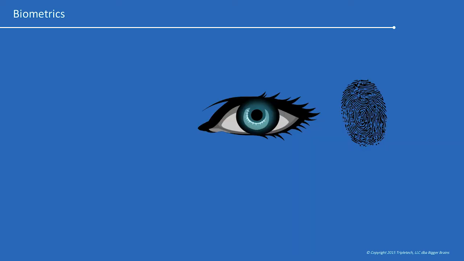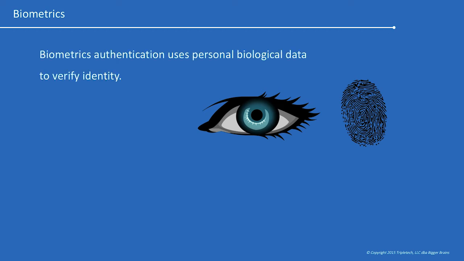Now, biometrics is a growing area. Biometric authentication uses your personal biological data to verify identity. So this could be things like your fingerprint, your retina, and even facial recognition or voice recognition are becoming very popular biometric resources.